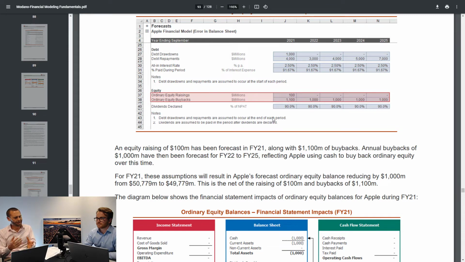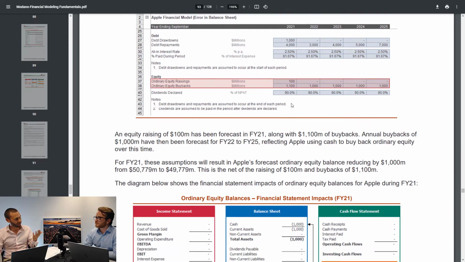So again, like with debt, we've just assumed, let's put some basic assumptions in for forecasts so we can see how it flows through the model. The ordinary equity return of capital, which is the balances of ordinary equity, raisings and buybacks, are very similar to debt. They're financing cash flows, and you'll see we're forecasting a raising of 100 million, buybacks of 1.1 billion, meaning a net reduction, a net buyback of 1 billion.